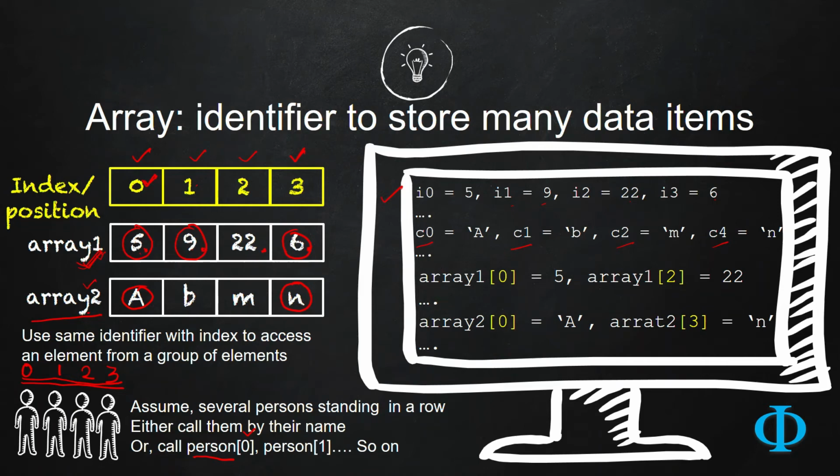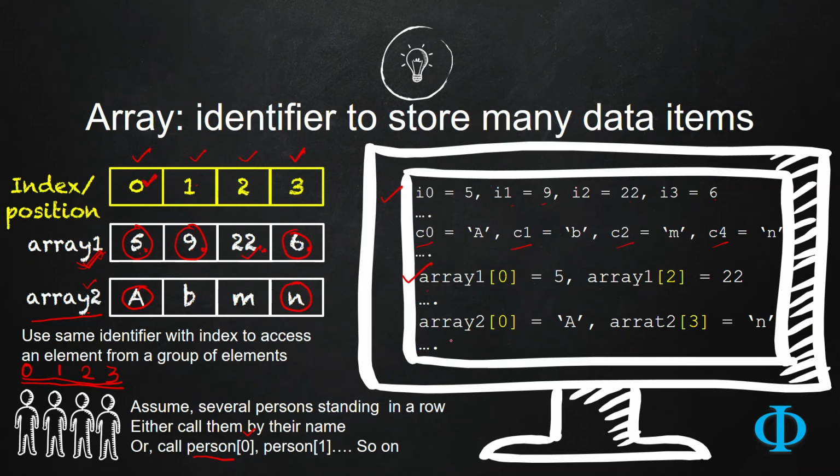So the other clever way of doing the thing is to identify them using an array variable. There the variable name will remain the same, and you just point them out by their index. So the index 0 of array 1 will identify the data item 5. The same way, the index 2 of array 1 is 22.